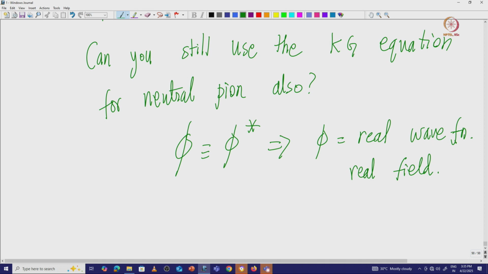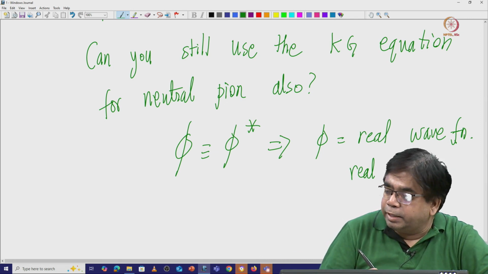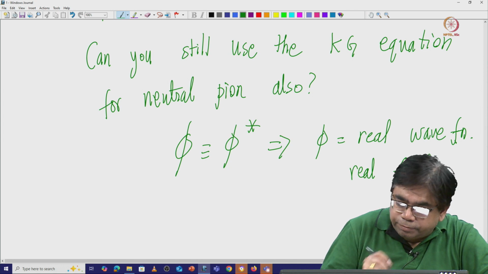So, the KG equation can also be used for the neutral pion, but instead of using it for a complex field, you have to use it for a real field. So, how do you write the Klein-Gordon equation for a real field?